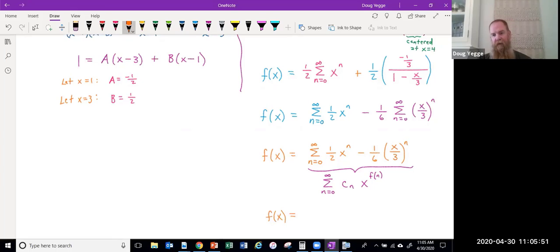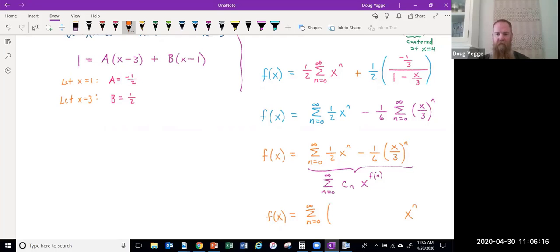Well, I can distribute this n right here to the top and bottom. Okay, so I get the sum from n equals 0 to infinity. When I distribute that x to the n, I'm going to get an x to the n over 3 to the n. So I could factor out an x to the n from both of those terms.